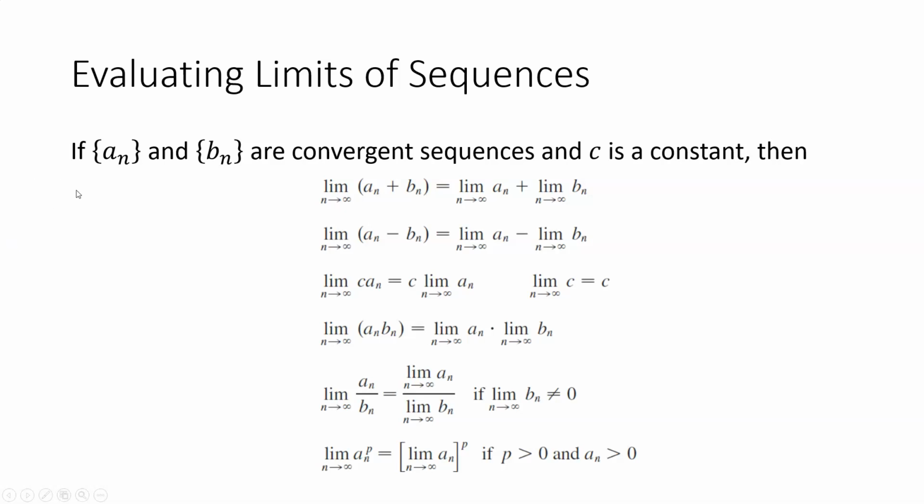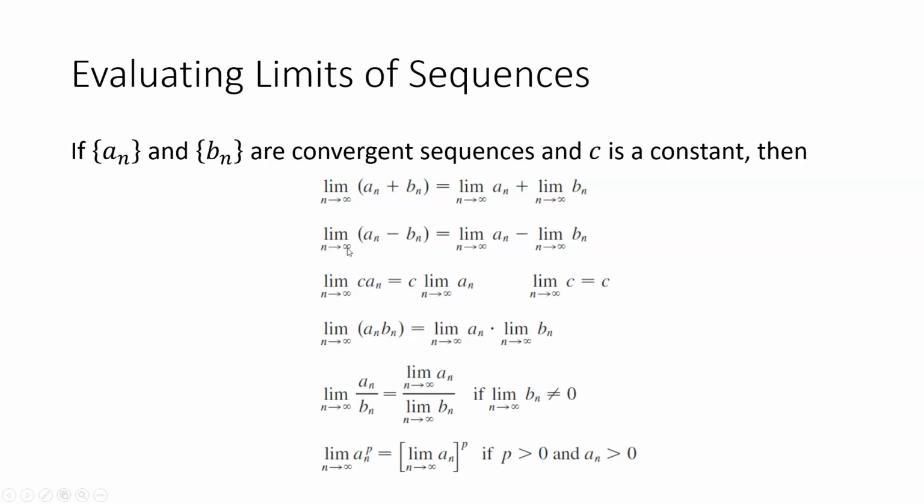Here are the so-called limit laws that we've had for dealing with limits of functions. Here we're going to adapt them for sequences. So if an and bn are convergent sequences, and c is any constant, then we can take the sum of two sequences, an plus bn, and take the limit of each of the individual terms.